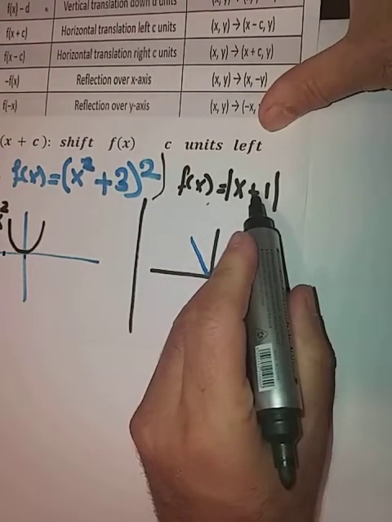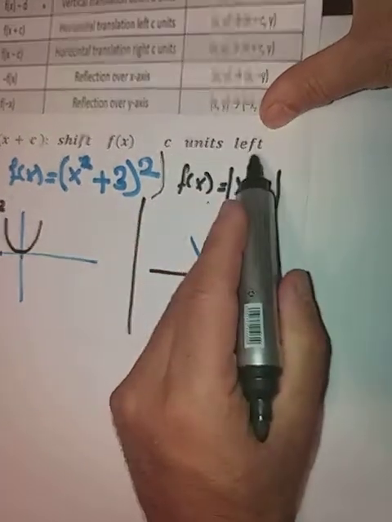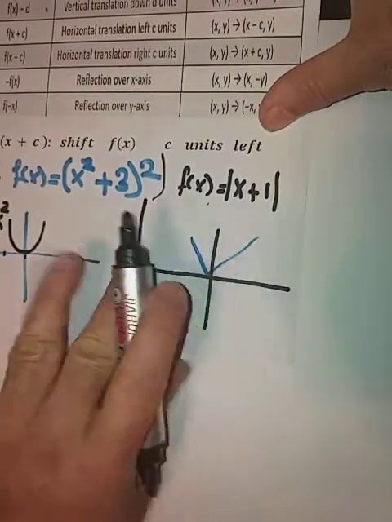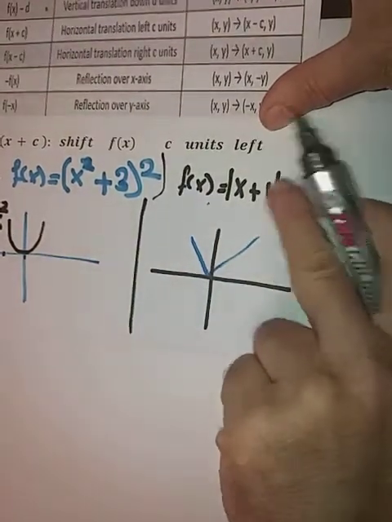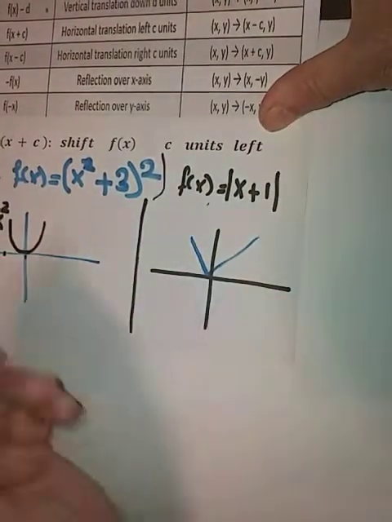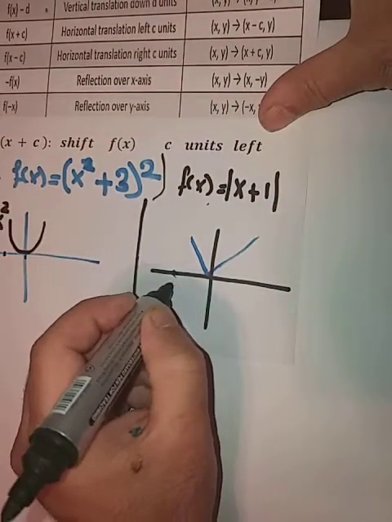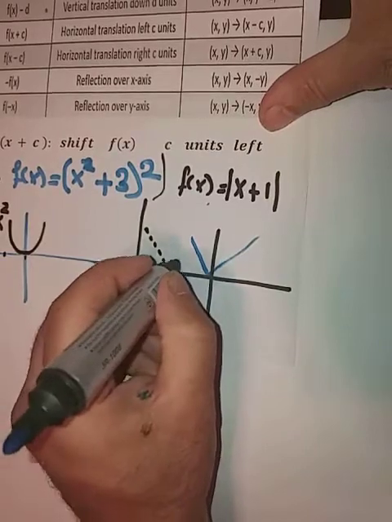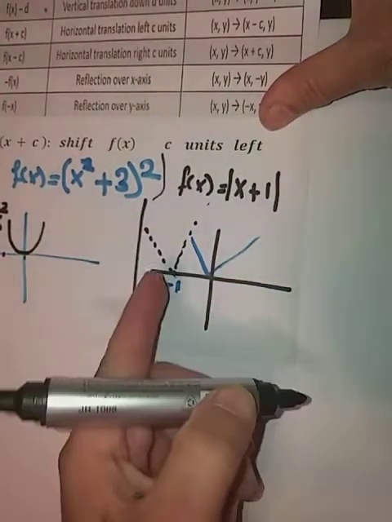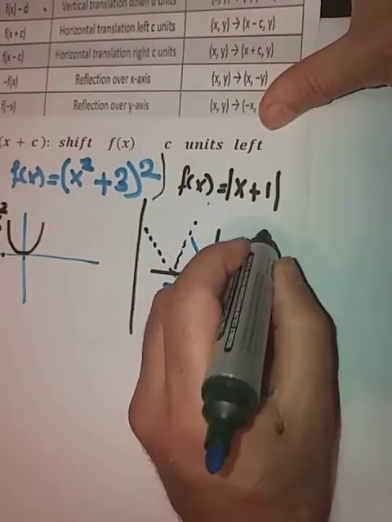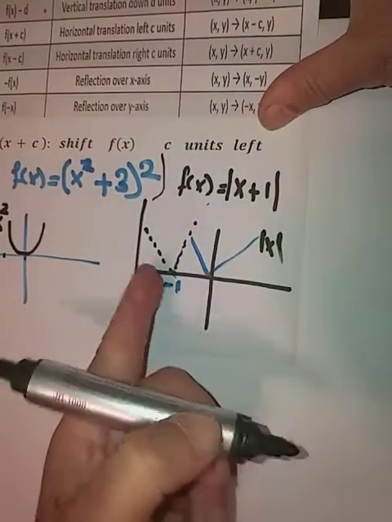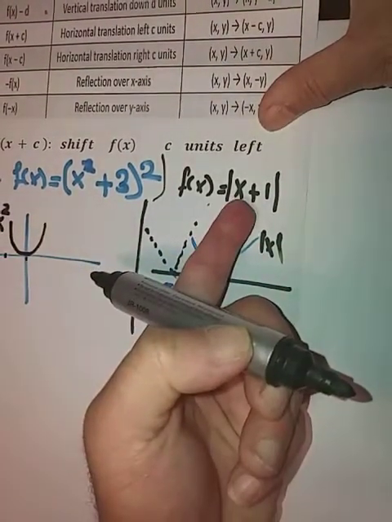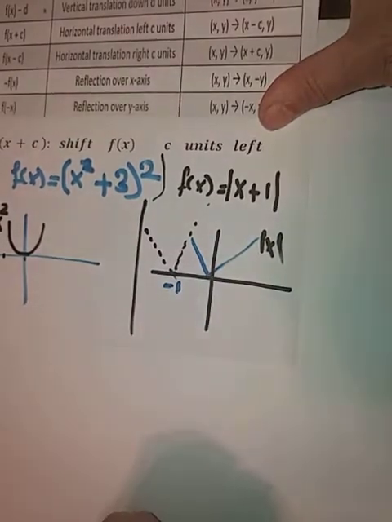But we have plus 1, we go to the left. If you have plus, we go to the left. The 1 is inside the absolute value. We go 1 unit left. This one is the graph of absolute x, and this is the graph of absolute x plus 1.